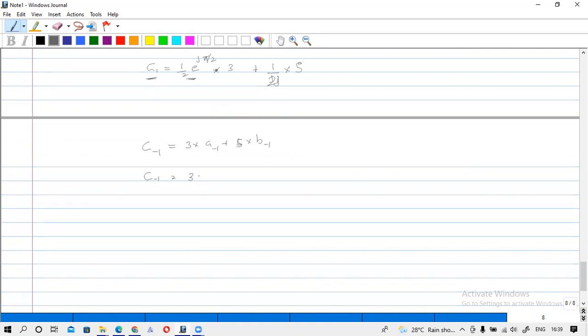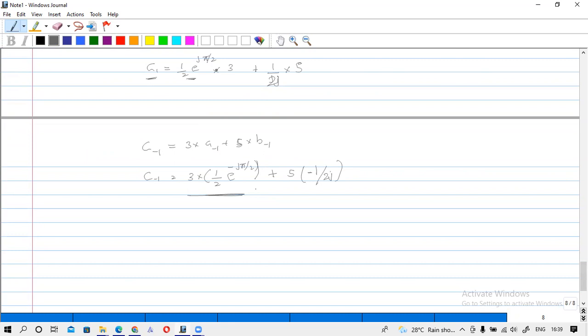So you will have 3 a minus 1, as I can remember, it is half e to the power minus j5 by 2. Please compare it with the answer. Plus 5 b minus 1 is minus 1 by 2j. So this will be your c minus 1.